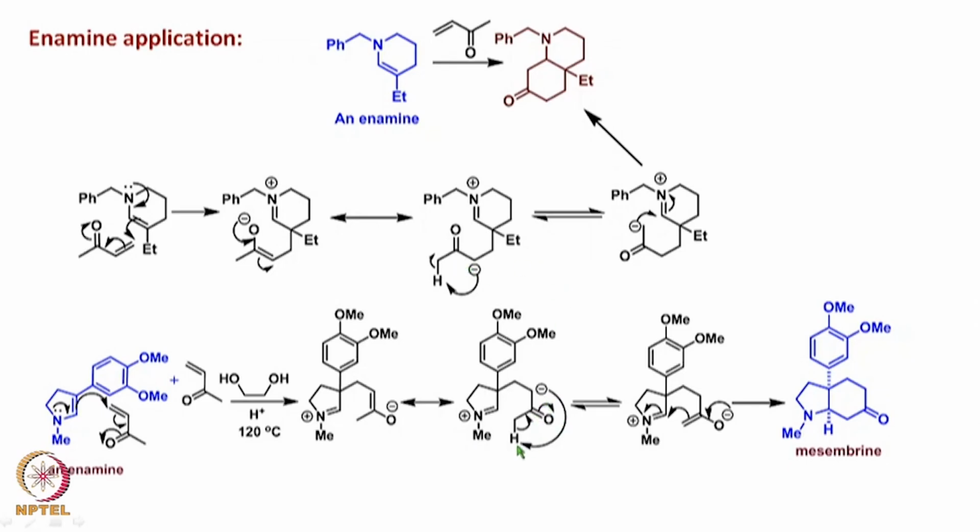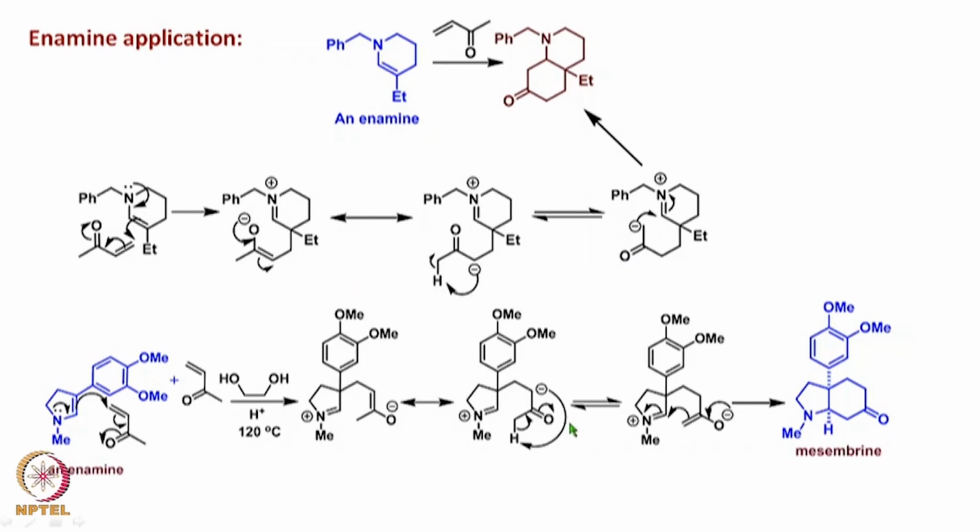This anion then takes up the proton from here, generates another anion, which will also exist in the form of enolate, and this enolate then undergoes cyclization to form a molecule called mesembrine, which is a natural product. So that is how reactions of enamines take place, and they are useful in many synthetic operations.